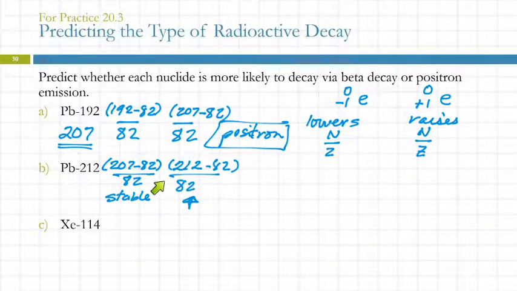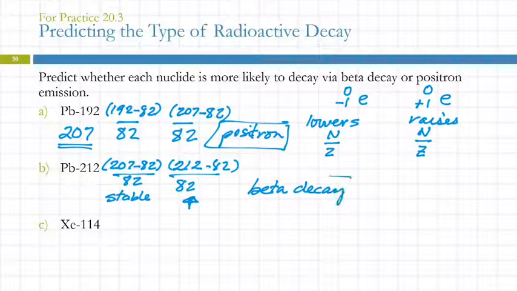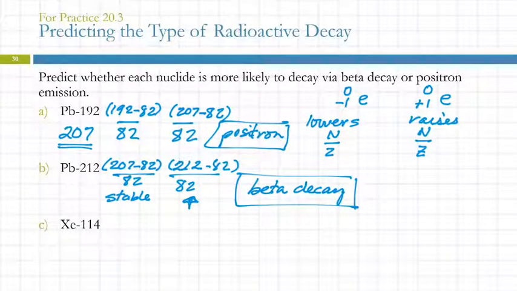This ratio is too high now, and so we want the ratio to become lower. Beta decay lowers the ratio. Any questions?